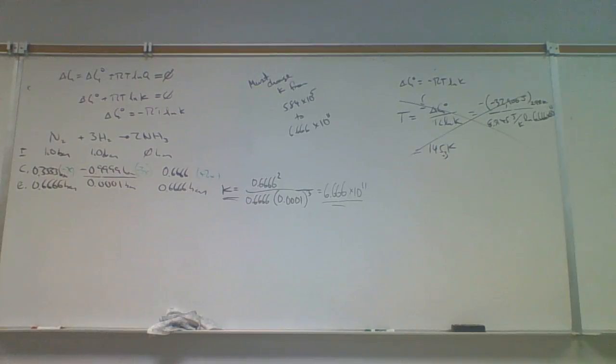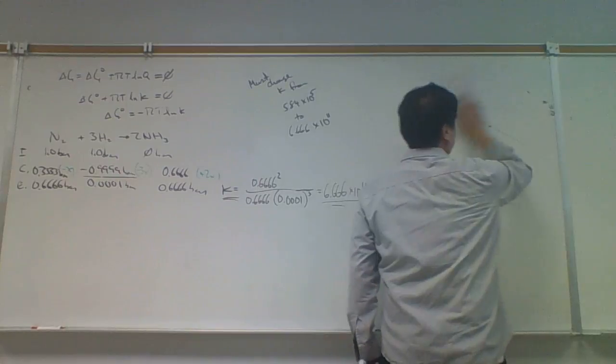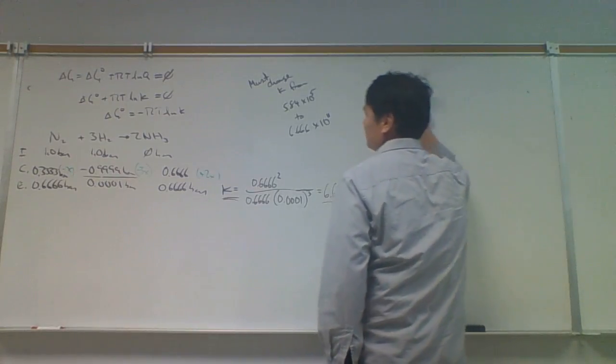So we've got to figure out: is there a way we don't have to solve for delta G? Delta G changes significantly with temperature, so is there a way to do this without doing this? And the answer is yes.